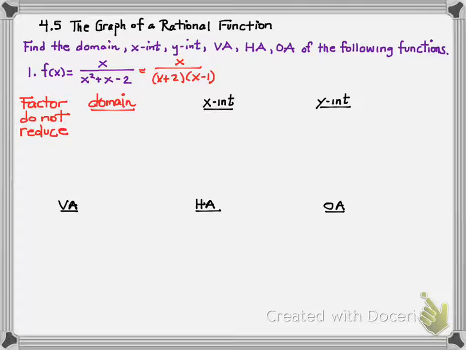Okay, so going to the domain, we just want to make sure that the denominator does not equal 0. So make sure that x plus 2 doesn't equal 0, and x minus 1 does not equal 0.